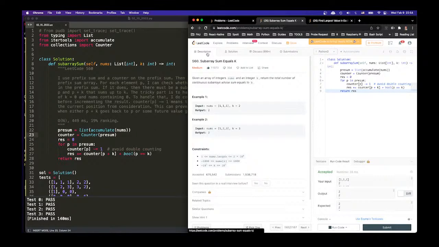Or the k can be negative, right? If the k is negative, and for plus k, we're looking for something bigger, but we don't have it. And we keep trying to look for something bigger.